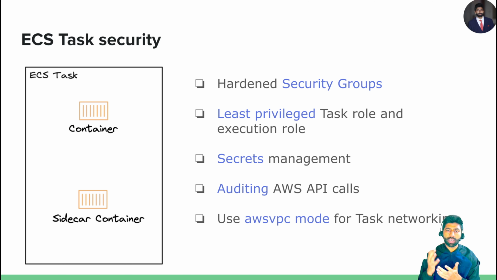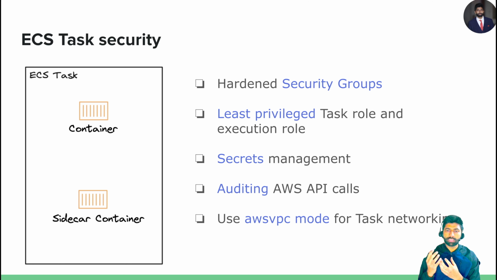On the other hand, the task execution role is the role which is used by ECS to execute the task. For example, the task execution role needs to have the permissions to pull the container image from the registry. Both the task role and task execution role should have least permissions assigned for the purpose they need.